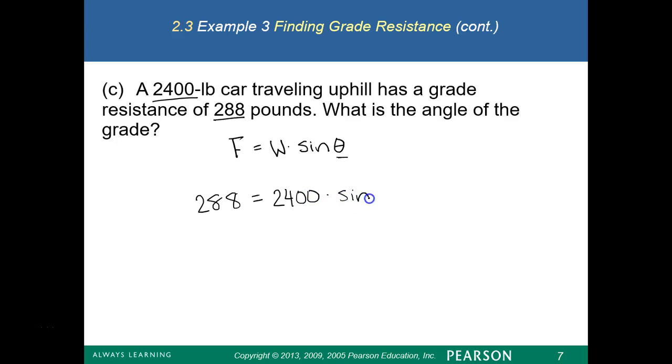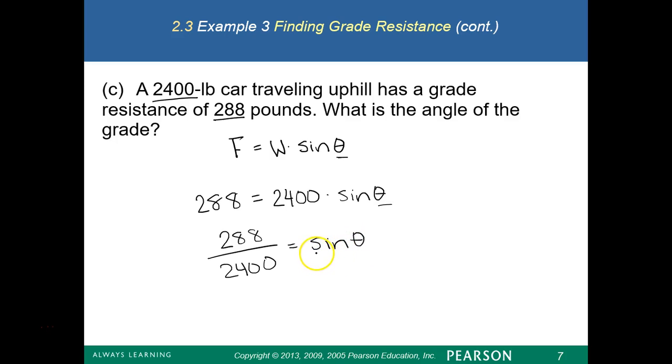And now we have this equation we're solving for sine. We're going to be using inverse sine to help us in figuring out what theta is. All right, so before we take the inverse sine of either side of this equation, we need to divide. We need to get sine of theta by itself. So let's go ahead and say 288 divided by this is equal to sine of theta.